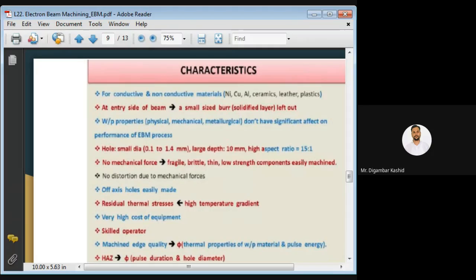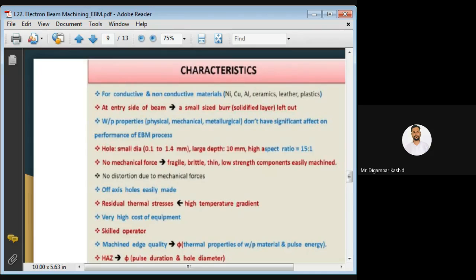This is a process capability. So you can make small diameter holes around 0.1 to 1.5 mm, with large depth of 10 mm, along with a high aspect ratio up to 15:1, using this machining process.